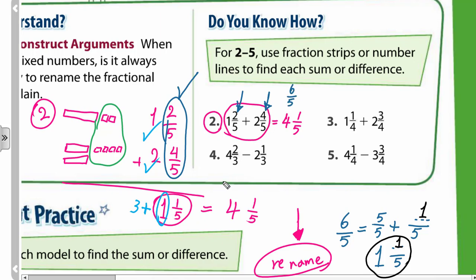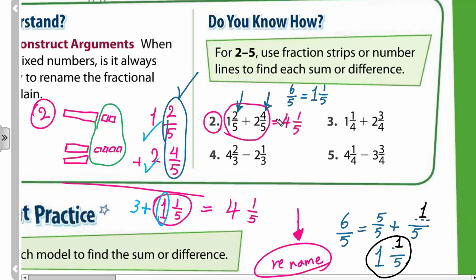This is more than 1, right? Yes. Okay, so you need to rename this. Write it as a mixed number. So 1 is 5/5. How many fifths do you have left? You have one more fifth because they are 6.